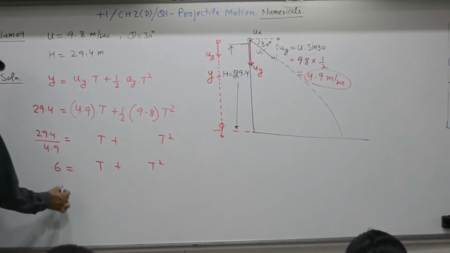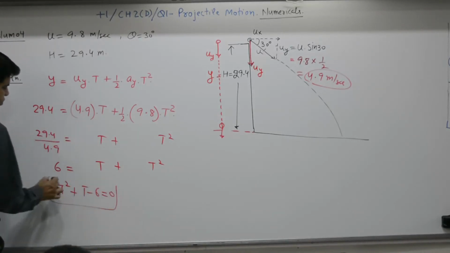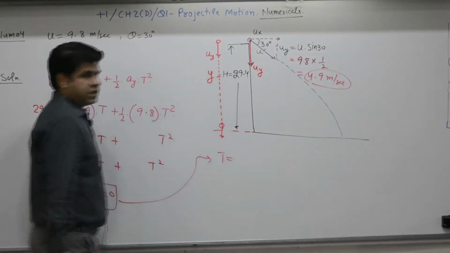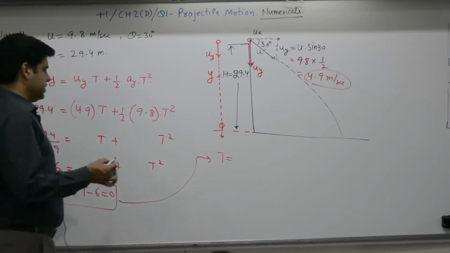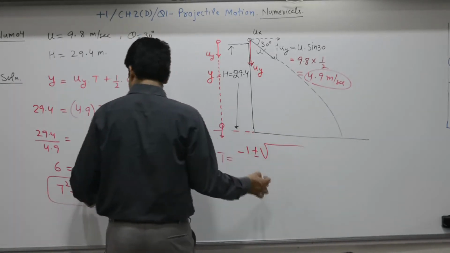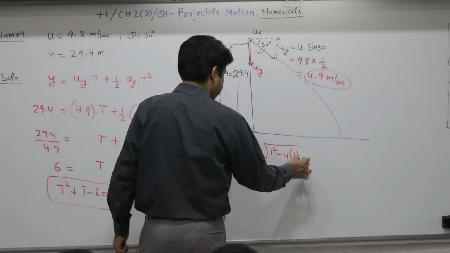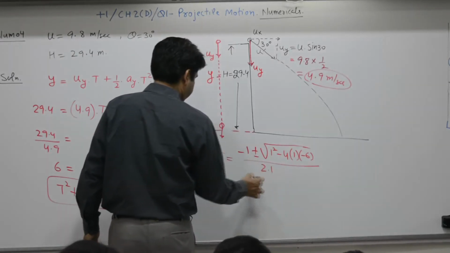So quadratic equation is what? T square plus t minus 6 is equal to 0. Find t. As per quadratic equation, t is equal to minus b plus minus under root b square minus 4ac, divided by 2a. Minus 1 plus minus under root b square minus 4ac by 2a.